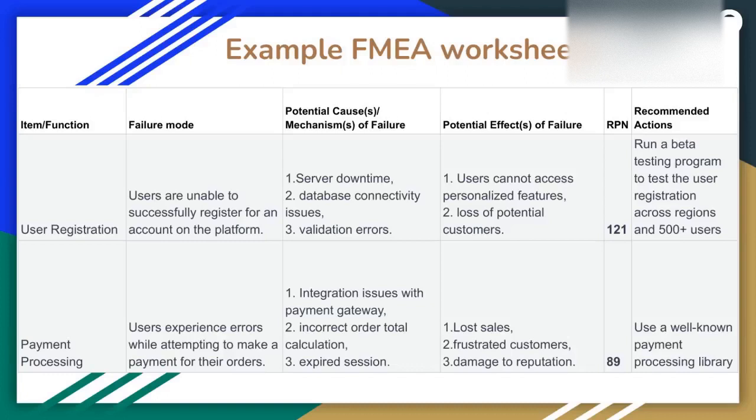It is important to note that while the RPN is a useful tool for prioritization, it has its own limitations, right? It is based on subjective rating, and different team members may assign different ratings based on their own perspective. Additionally, focusing solely on RPN values may lead to overlooking other important factors, such as potential synergies between the failure modes or the effectiveness of the existing controls, right?